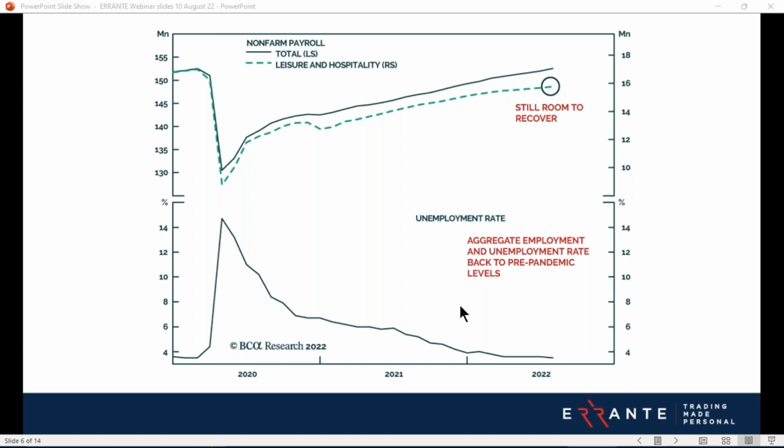Especially in the leisure and hospitality sector, there is still some way to recover, and you can see that gap there that we probably are aware of when we go to restaurants and bars, which struggle slightly to recruit people in the hospitality sector. But other than that, the jobs market has completely recovered, much faster than most would have expected from around March 2020.